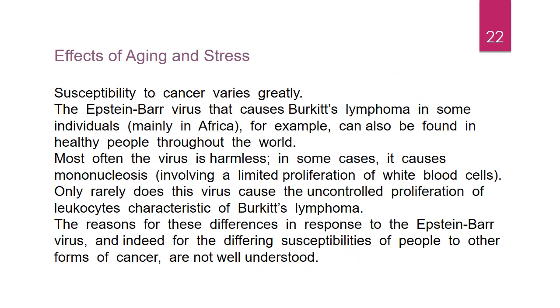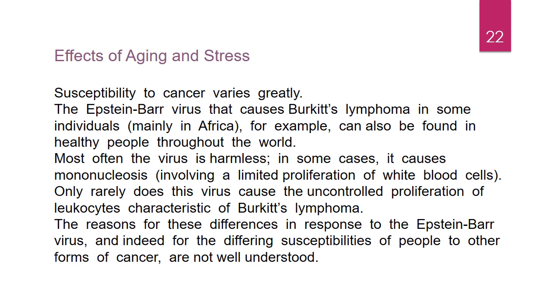Now, effects of aging and stress. Susceptibility to cancer varies greatly. The Epstein-Barr virus that causes Burkitt's lymphoma in some individuals, mainly in Africa, for example, can also be found in healthy people throughout the world. Most often, the virus is harmless.